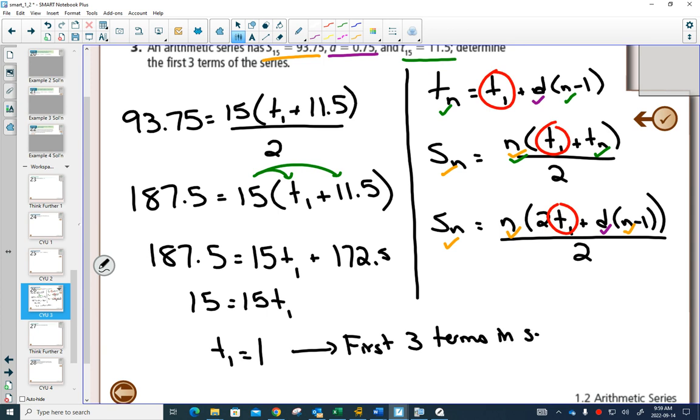And the question asks for the first 3 terms in a series. A series is adding, so term 1 was 1. Term 2, add 0.75, but in a series you would write plus 0.75, and add 0.75 again, plus 2.5. Okay?